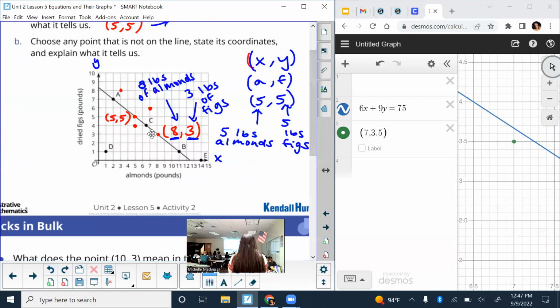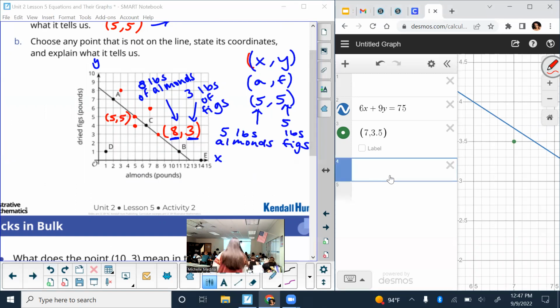So what this was saying is that 7, 3.5 looks like it's on the line. But when you actually plug it into the equation, so like 7 for the X, 3.5 for the Y, does that equal 75?